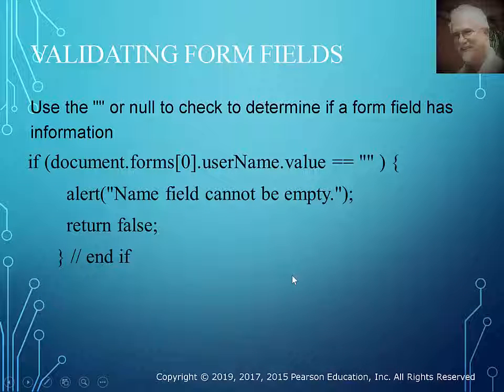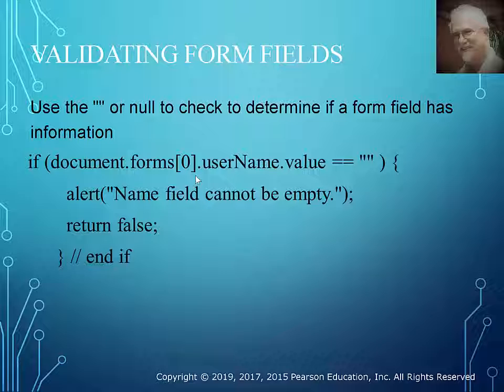So here's a simple kind of thing. Here we can use the double quotes to show a null, so that's nothing, to check if a form field has something in it. So if document.forms[0], again we're using the square brackets because this is basically a kind of array.